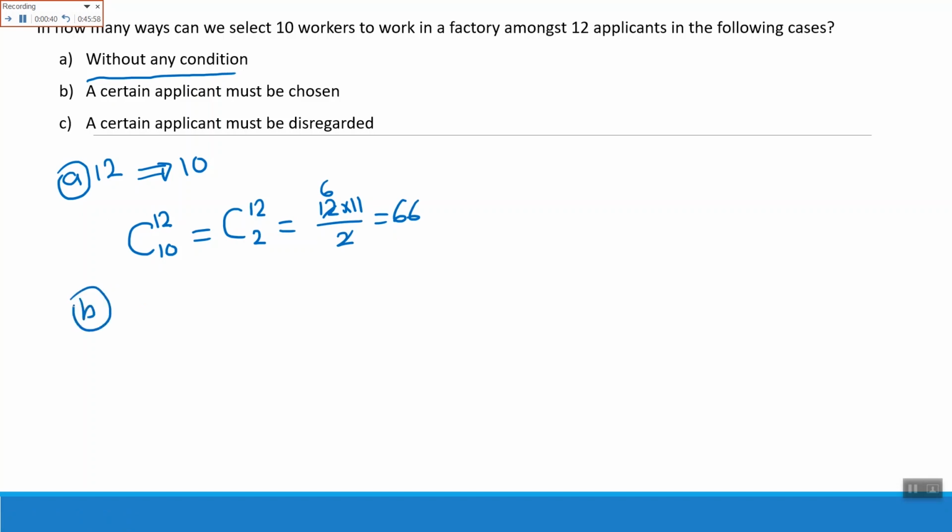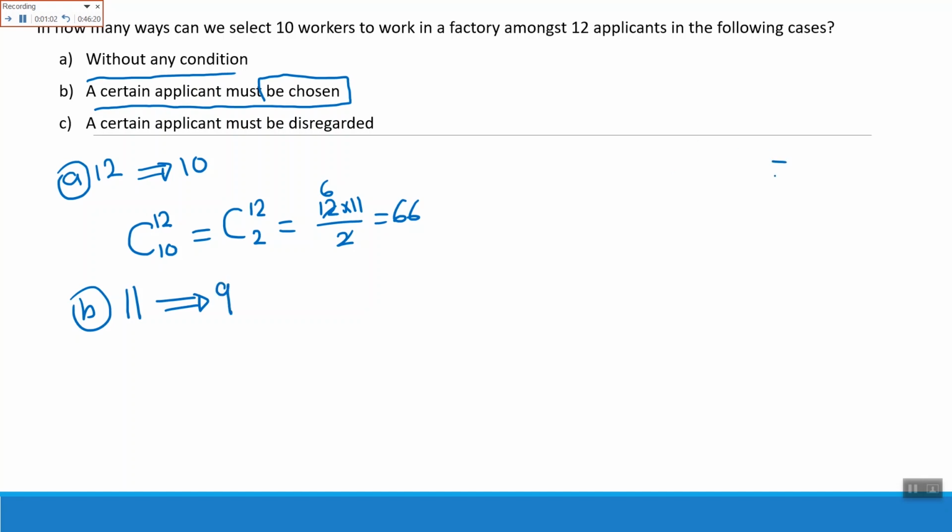In B, a certain applicant must be chosen. So there are 12 applicants, and one of them you have to choose. He is chosen for you, so you're not going to choose out of 12. You're going to choose out of 11, and you will not choose 10, you will choose 9.